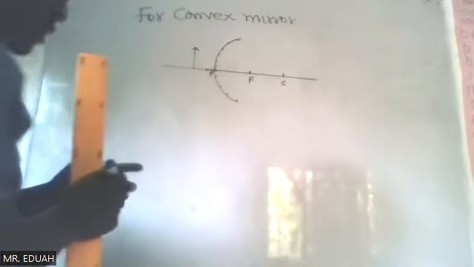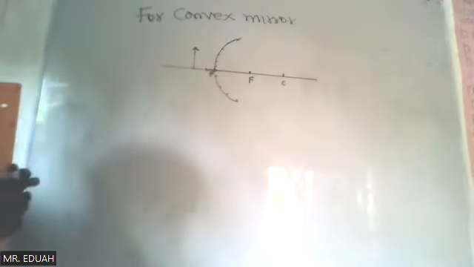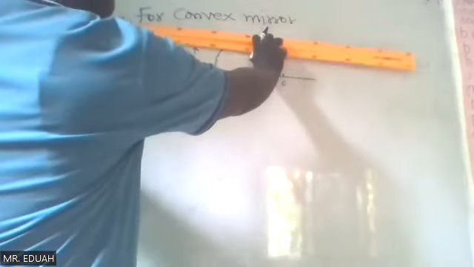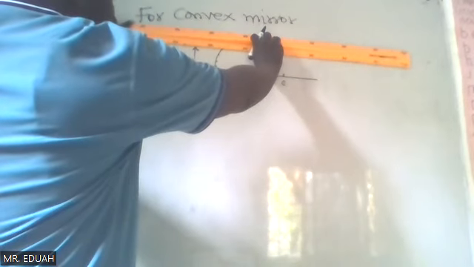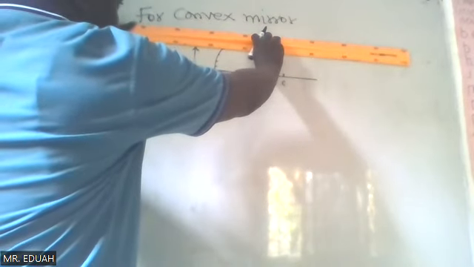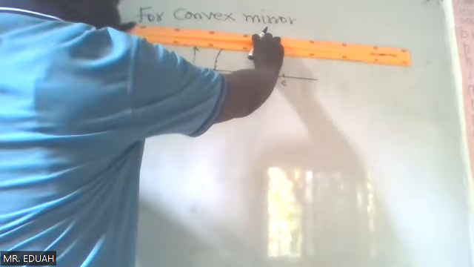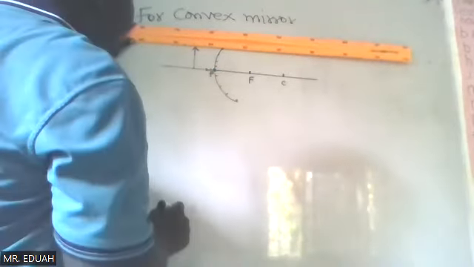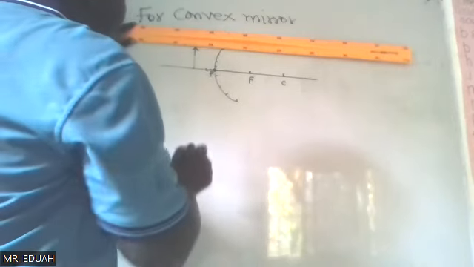So the rules. A ray of light parallel to the principal axis. This one diverges rays. It's a convex or divergent mirror.